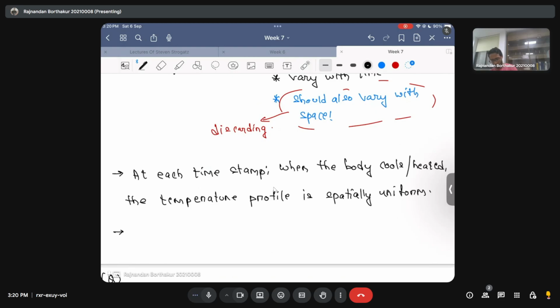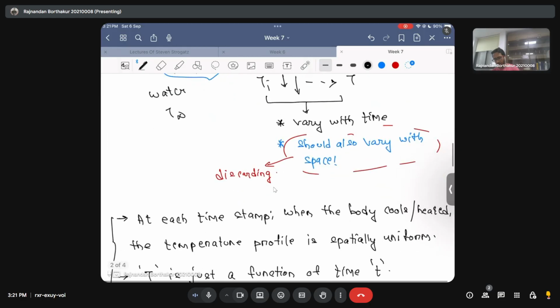So my T is just a function of time, which is the small t here. And when these two cases are satisfied, we call the body a lump body, and the heat transfer analysis that we will do by writing the heat diffusion equation and so forth is known as the lump capacitance analysis.